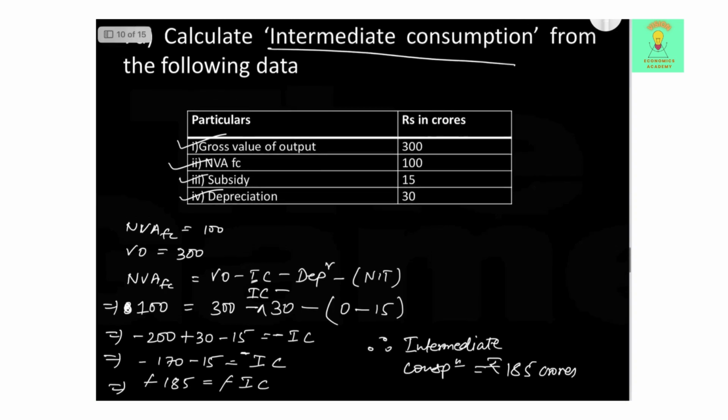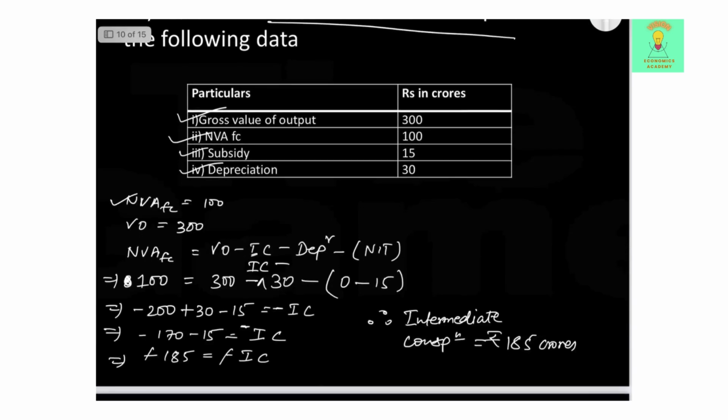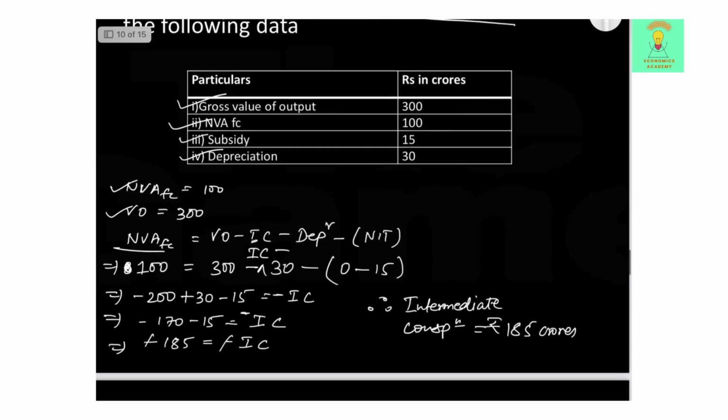Alright, so what we did here is that we had been asked to find out intermediate consumption. NVAFC value is given, value of output is given, so we know that NVAFC is value of output minus intermediate consumption, which gives us, of course, value added or GVA. From gross to net is depreciation, minus NIT will give us from MP to FC.